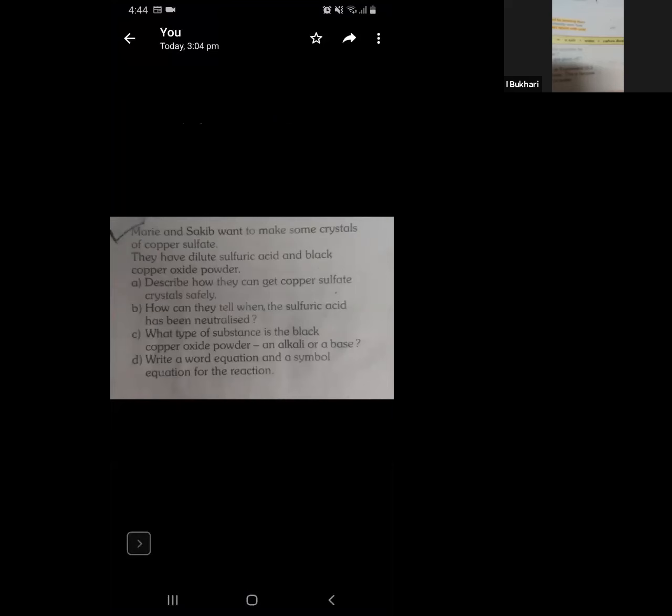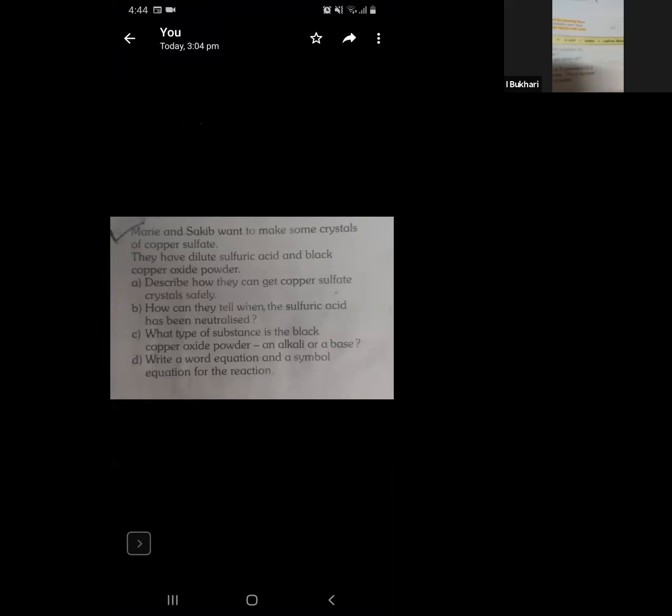The next question is, how can they tell when the sulfuric acid has been neutralized? We have already answered this: when we start seeing copper oxide at the bottom. After that, we filter the solution.